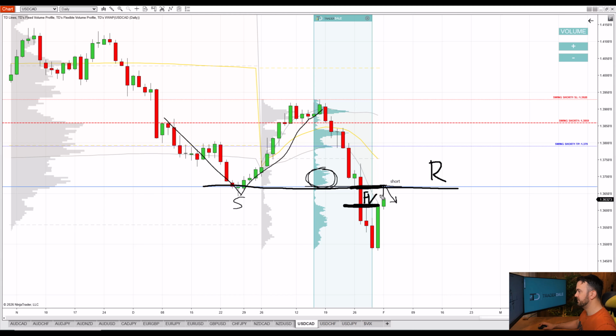This area is the fair value gap, and the level is the beginning of that fair value gap. So a couple of nice confluences all pointing to this level. So that's why this is a nice resistance to trade.